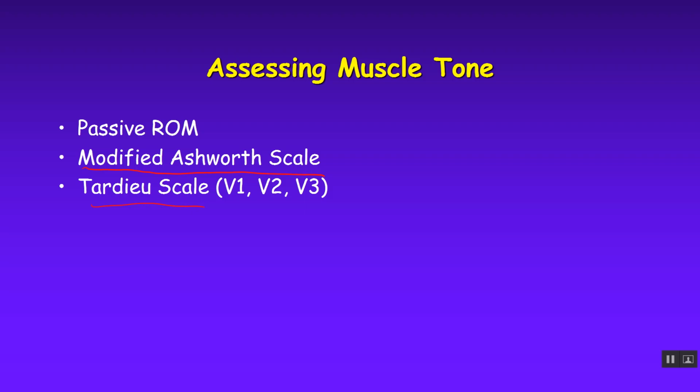So you're doing three distinct speeds, and you're monitoring two different things. You're monitoring when you feel the catch or the resistance at each of those speeds, so the actual range of motion, which you measure with a goniometer, I felt the catch here, and then how severe the catch was, which you grade similar to the modified Ashworth scale.